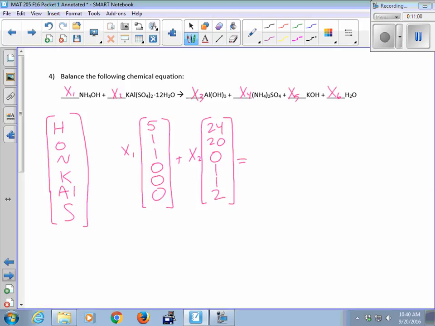Okay, so that has to equal the other side of the equation, and we just keep setting it up like this.